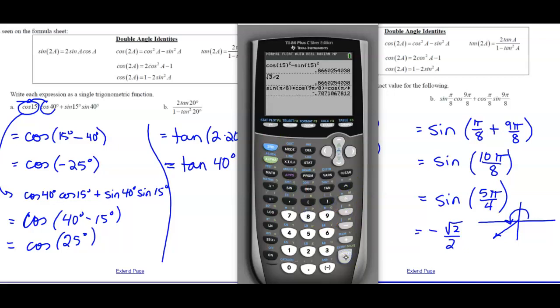Okay, and then what I get at the end is negative root 2 over 2. Same thing, okay?